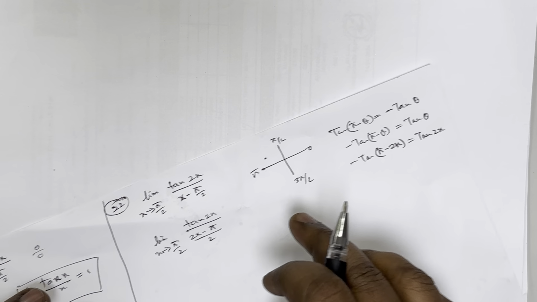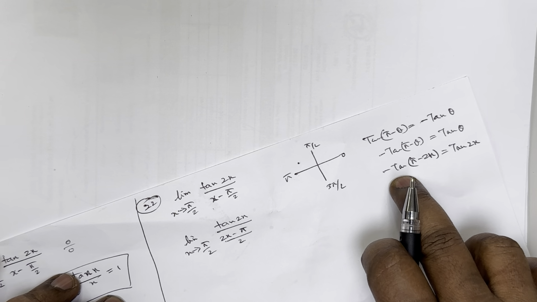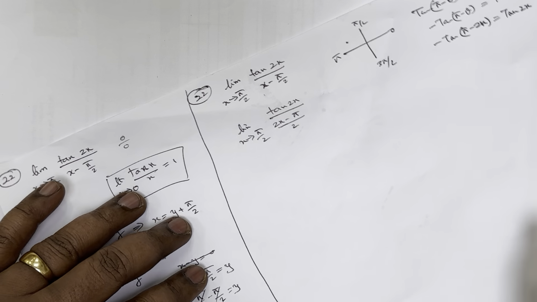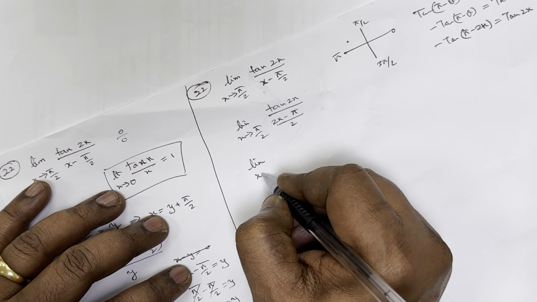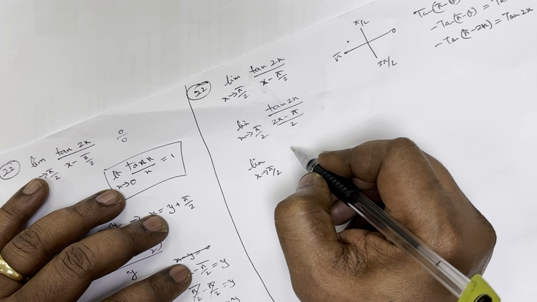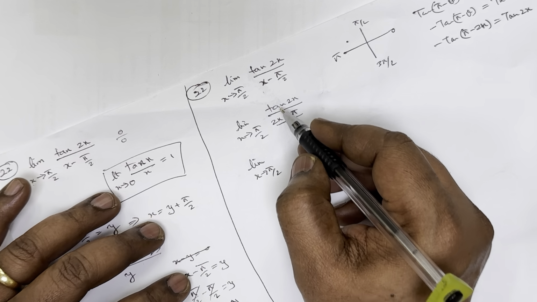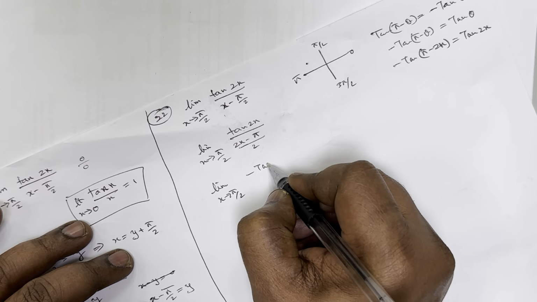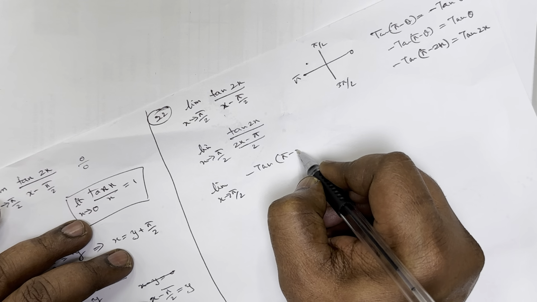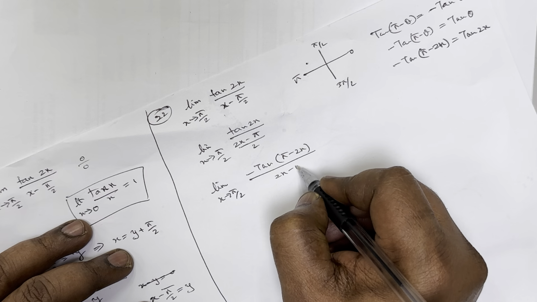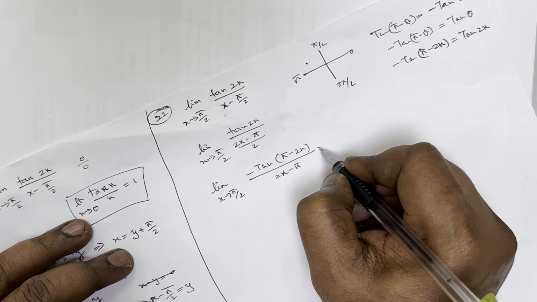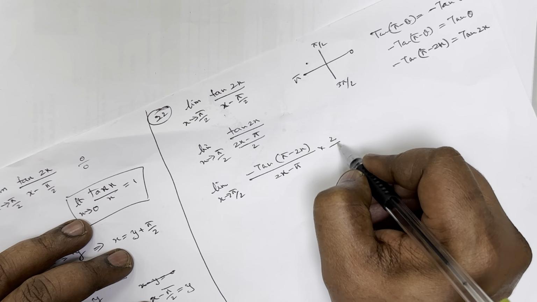So now instead of tan 2x we write minus tan of pi minus 2x. So this will be limit x tends to pi by 2 of minus tan of pi minus 2x, whole divided by 2x minus pi, multiplied by the reciprocal of the 2 by 1.